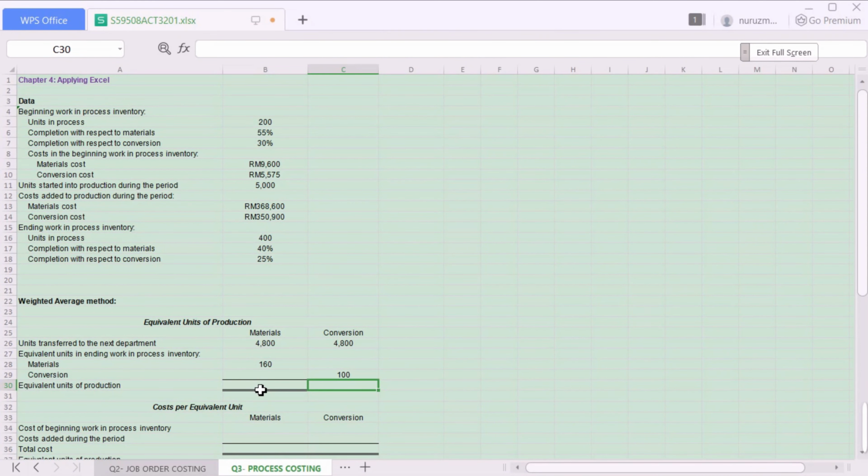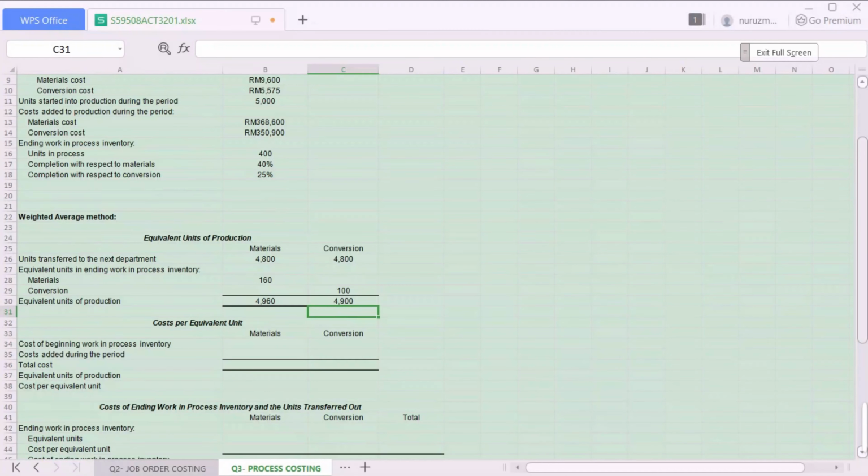So total units of production for materials 4,800 plus 160 equals 4,960, and for the conversion 4,800 plus 100 equals 4,900. Cost per equivalent unit.